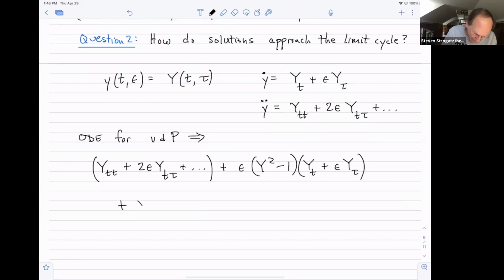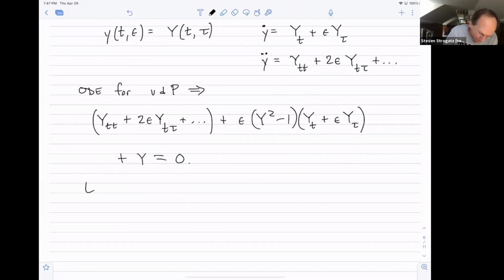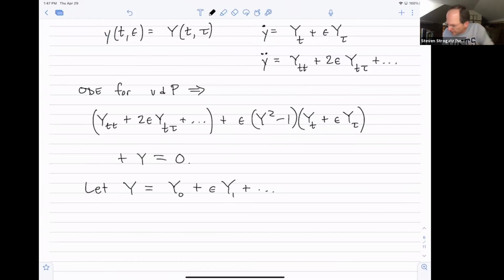Finally, plus y equals 0. And then we do our regular perturbation move on y by saying y is y0 plus epsilon y1 plus ..., and substitute that in to get a further monstrosity.